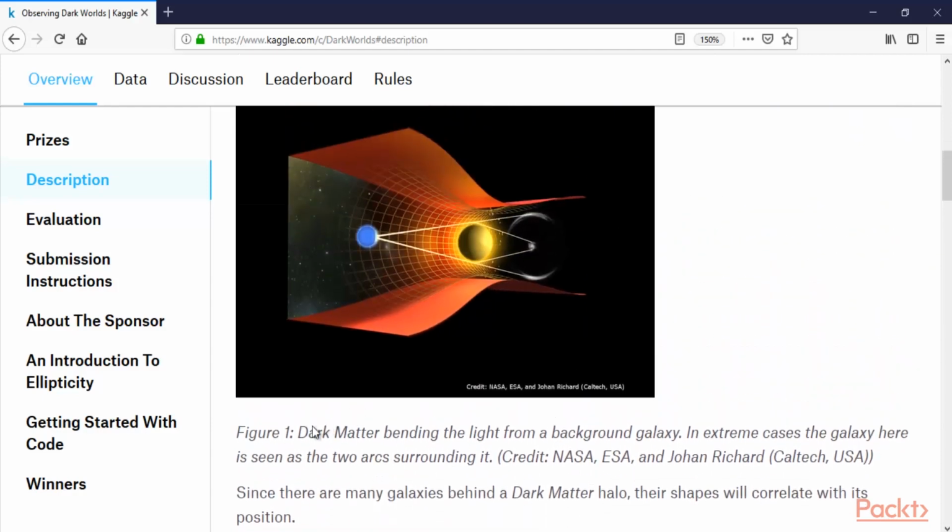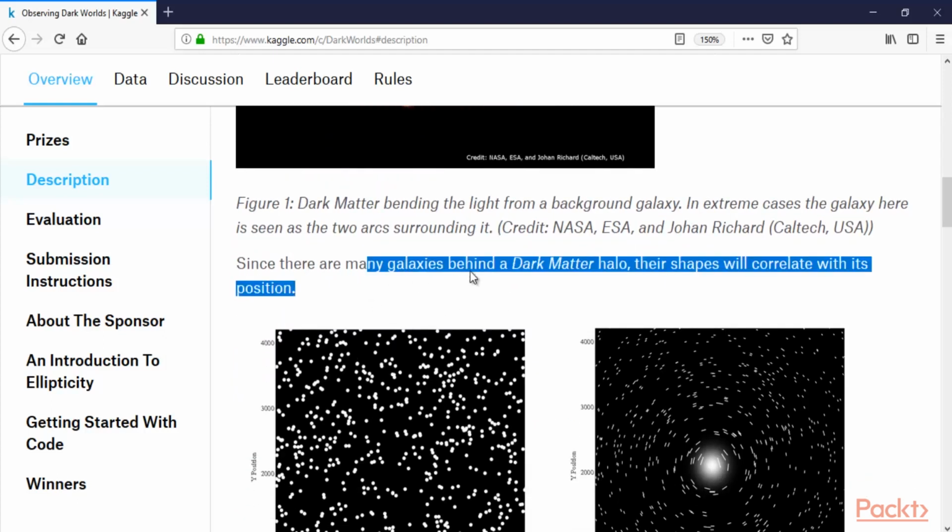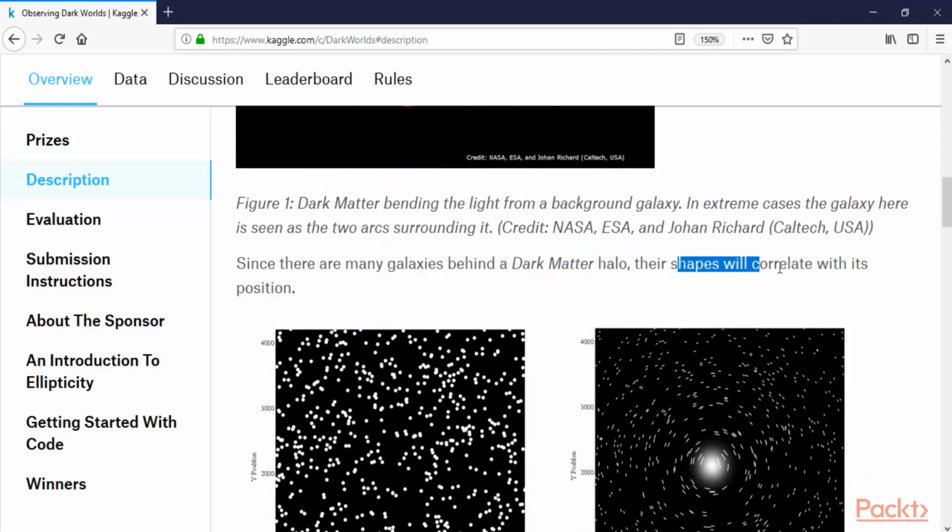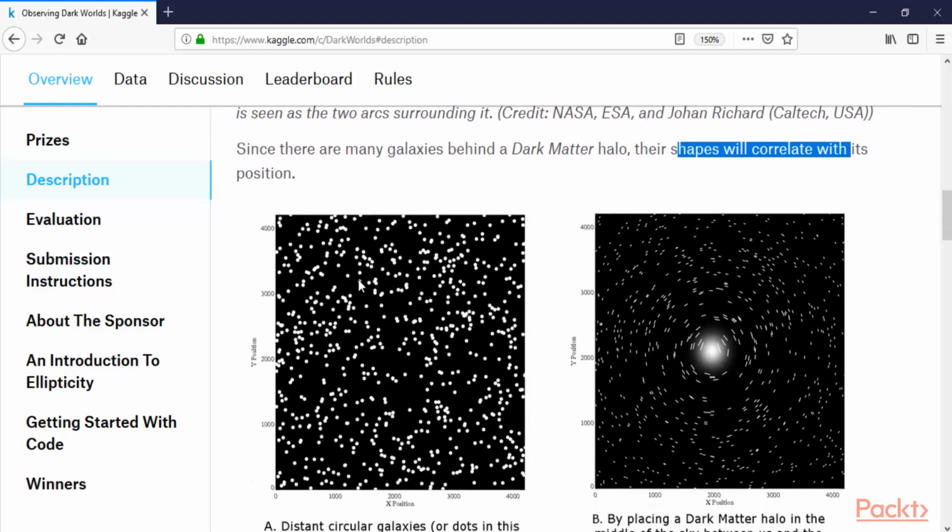So this is the figure here, dark matter bending the light from a background galaxy, and in extreme cases the galaxy here is seen as two arcs surrounding it. So NASA has provided this picture here to explain about the altering of path due to dark matter. Since there are many galaxies behind a dark matter halo, their shapes will be correlated with this position.